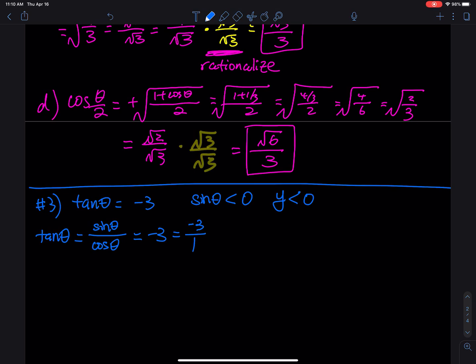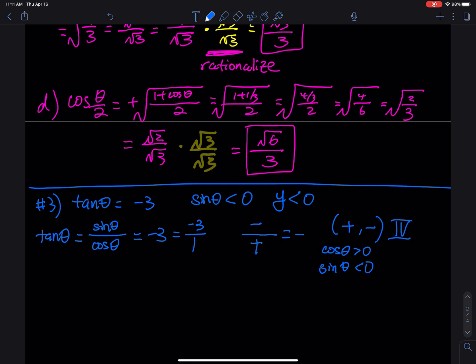We have to be very careful right here. Sine is negative, cosine is positive, so that gives negative. So we have positive x and negative y. What quadrant is that? That is in quadrant 4, because in quadrant 4, x is greater than 0 and y is less than 0.